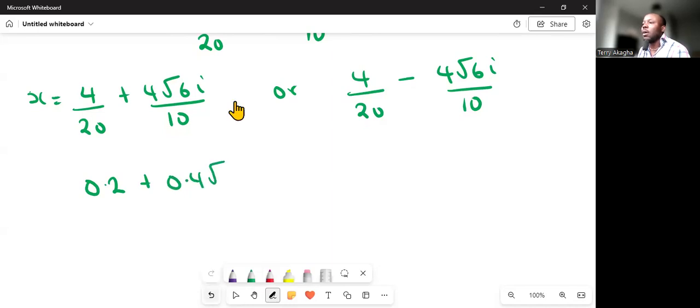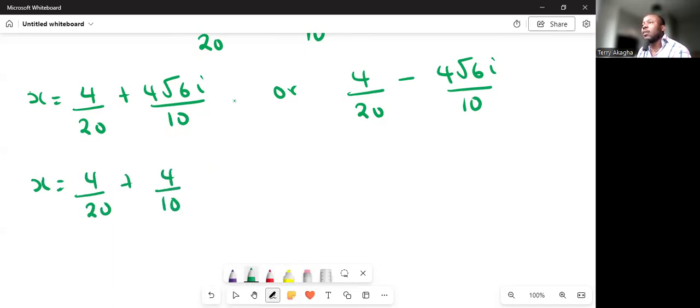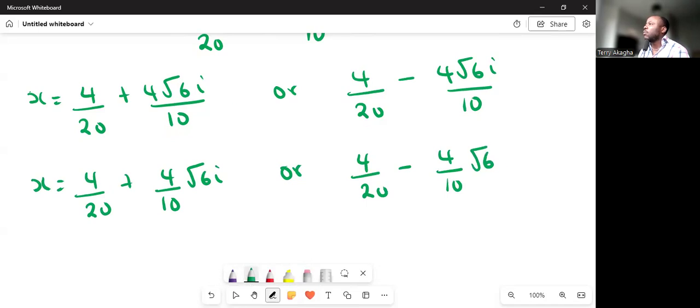Or let me put it this way so that students will not get confused: I can still write it as x is equal to 4 over 20 plus 4 over 10 root 6i. Does that make sense? That's what I was trying to solve there. Or 4 over 20 minus 4 over 10 root 6i.